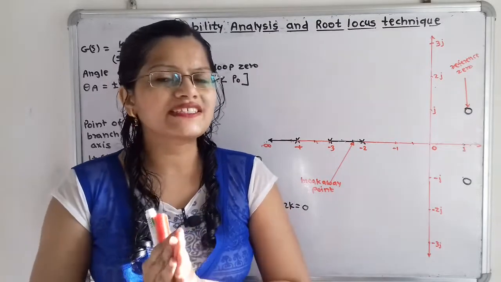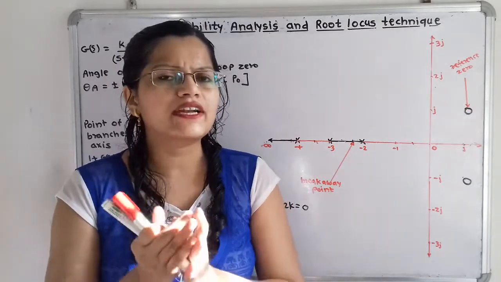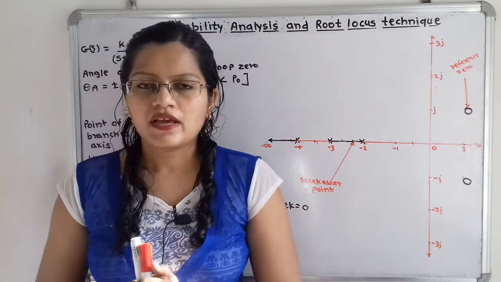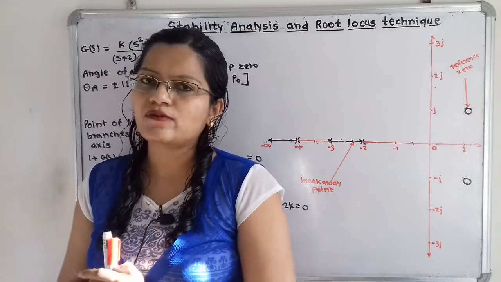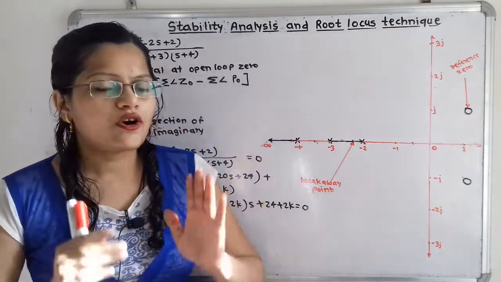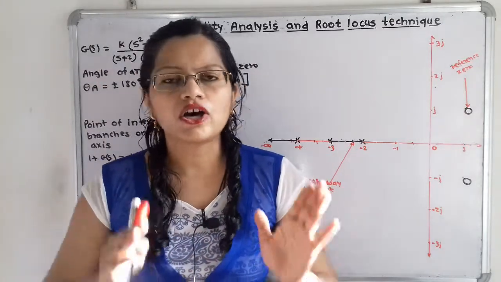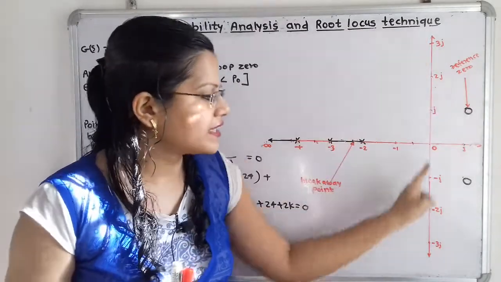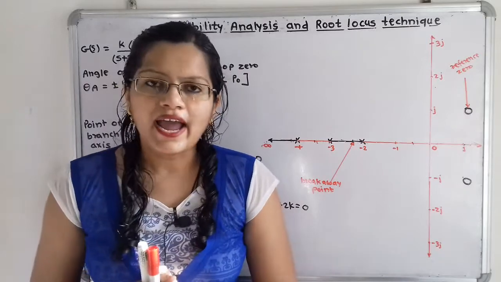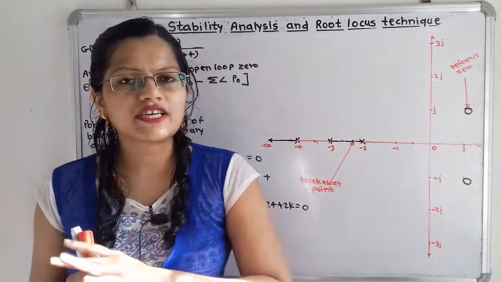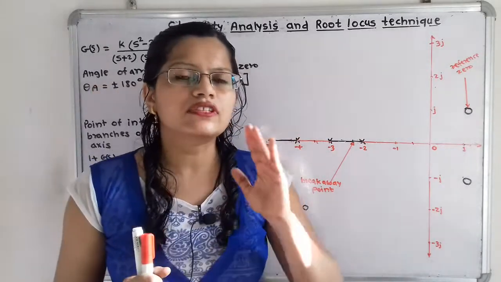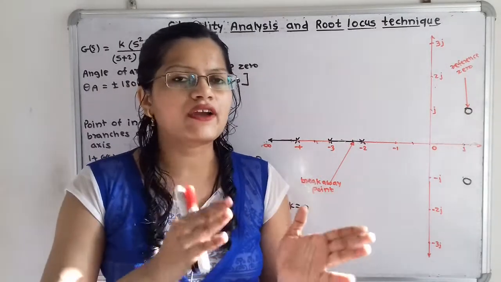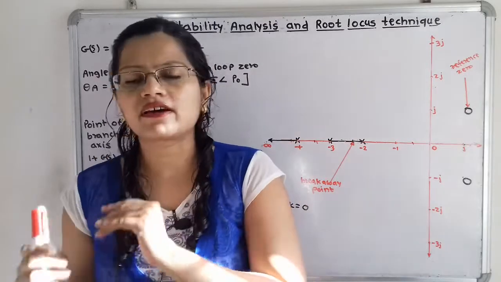Now how to decide whether we have to calculate angle of departure or angle of arrival? What is the condition to calculate this? When the open loop poles or open loop zeros do not lie on the real axis and imaginary axis, and when poles or zeros are symmetric about the real axis, then this is the condition to calculate the angle of departure or angle of arrival.